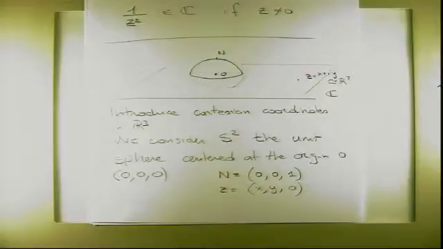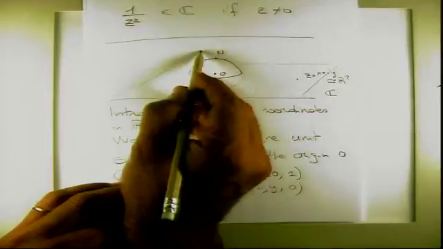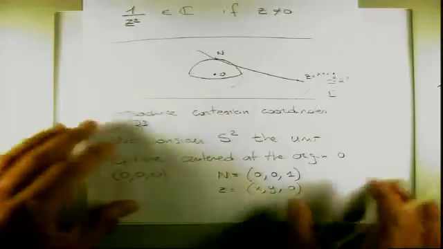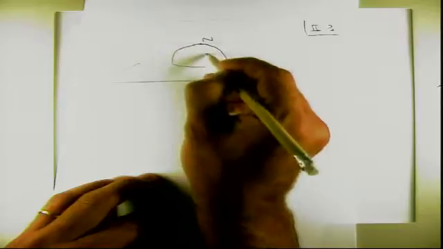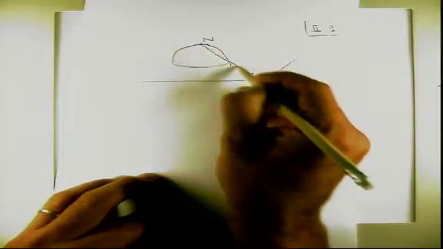Good. Now what I'm doing is quite a natural thing: I'm drawing a line connecting N and Z. I have a half sphere here, N, Z, and this is the line.